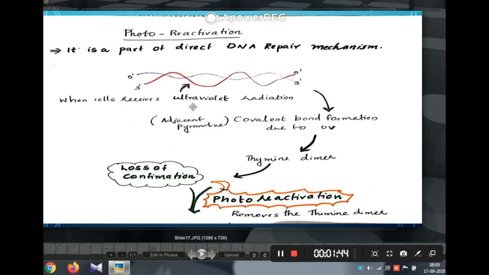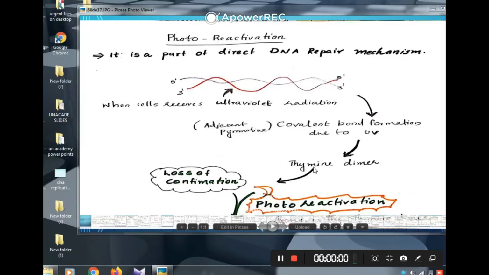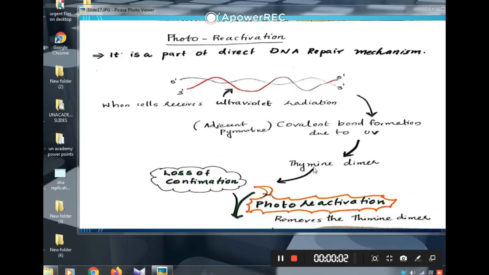You can see the double stranded DNA here. Photoreactivation is a part of the direct repair mechanism we mentioned earlier. If cells receive ultraviolet radiation, it causes covalent bonds between adjacent pyrimidines.